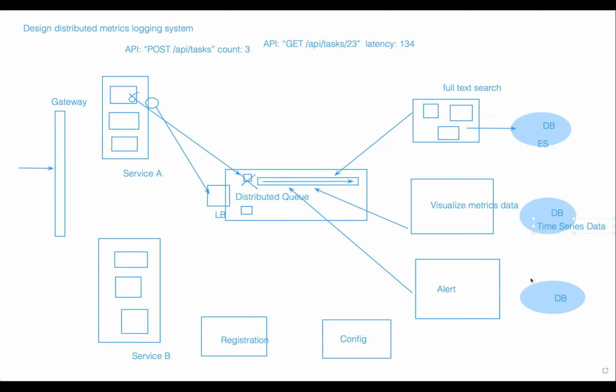And for alerting, we can probably just use a relational database such as PostgreSQL because the data is not huge. I cannot imagine we have too many alerts, right? So it won't be too much. If we do have this alert consumer group, it probably just looks at the incoming data and has a threshold mechanism.